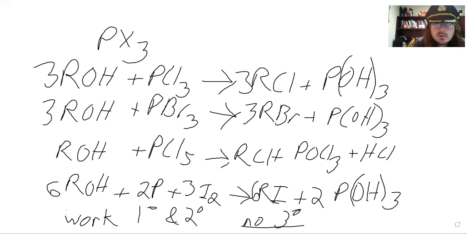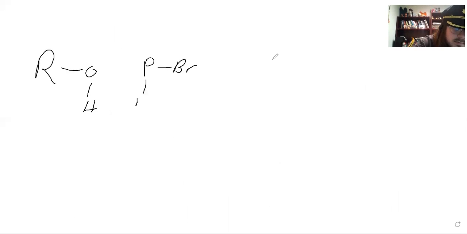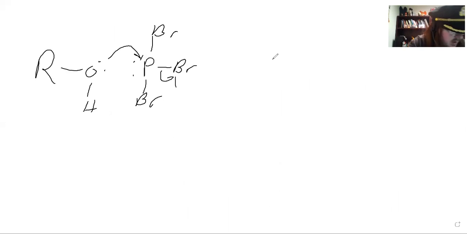So that's part of why we will not see tertiary reactions. But what's happening? We have R, O, H. We have our P, we have a Br. So this is the PBr3. We have a lone pair on the oxygen attacking there, kicking off a bromine.